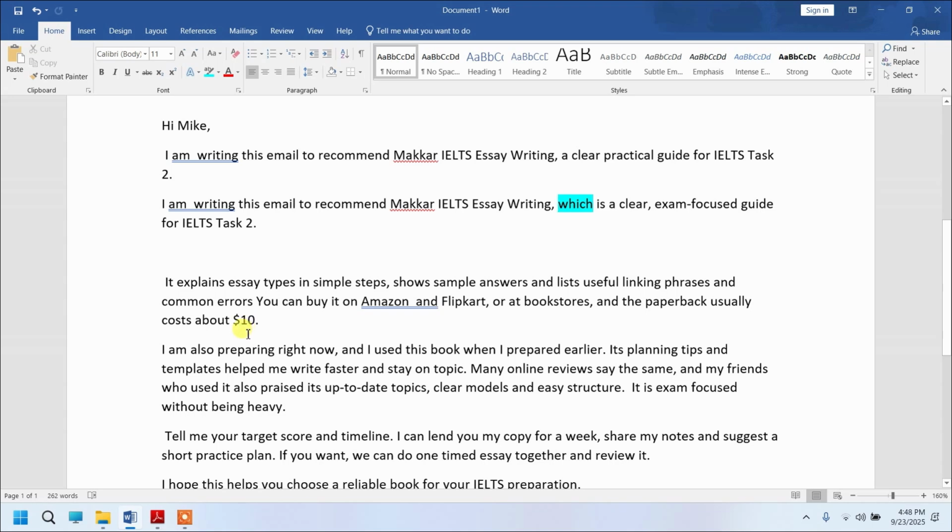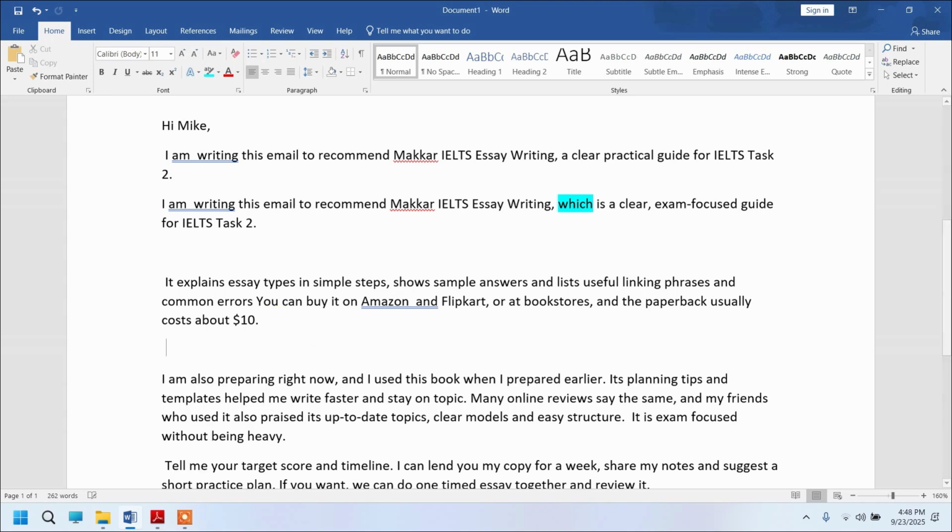I'm getting a few words like show sample instead of shows, and common errors. I can say it flags out common errors. It provides sample answer. Okay, I can write in that way.